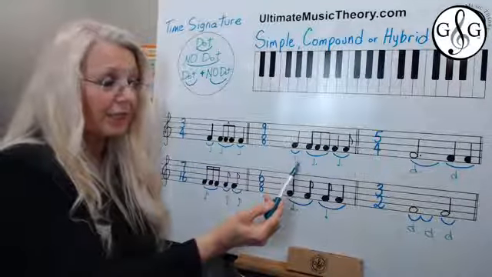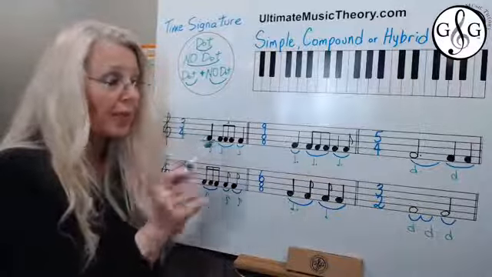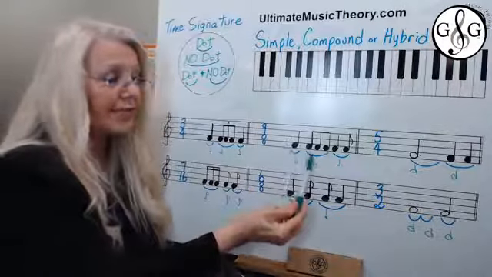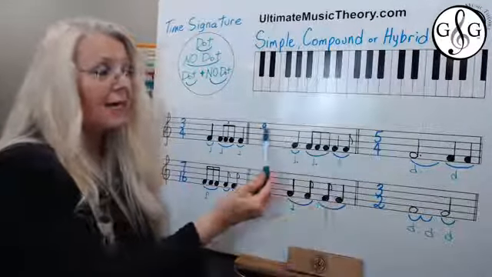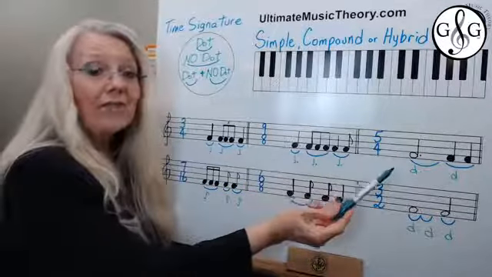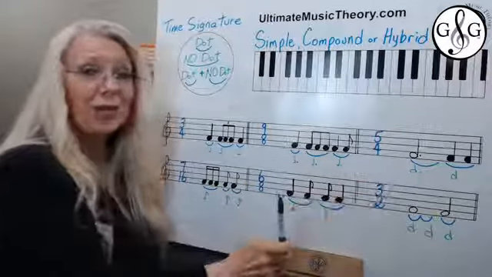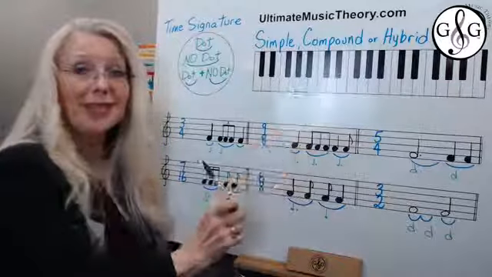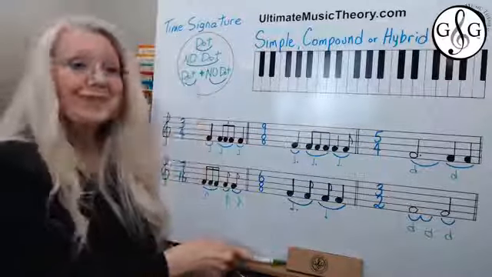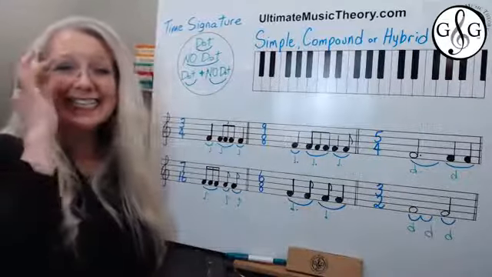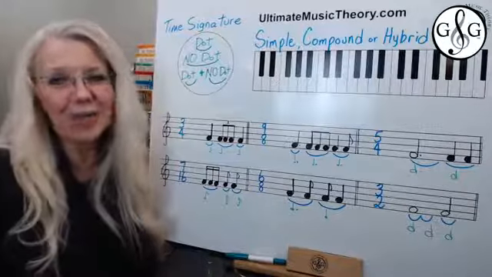Each dotted note has to be equal to 3, so 1, 2, 3, 4, 5, 6, 7, 8, 9 eighth notes. When you have a dotted note plus an undotted note, the time must be hybrid because we've got one of each. That makes it easy to understand time signatures and how to identify them.